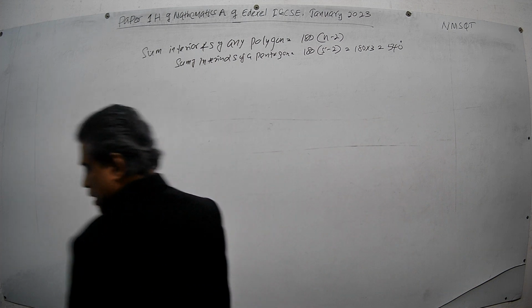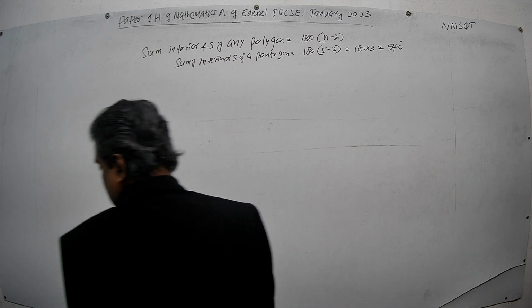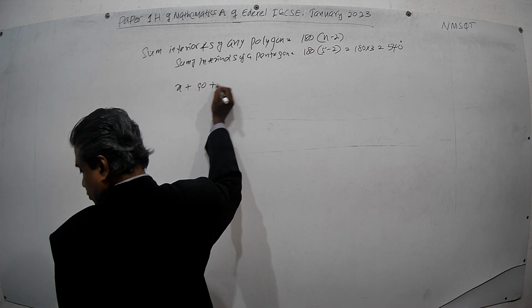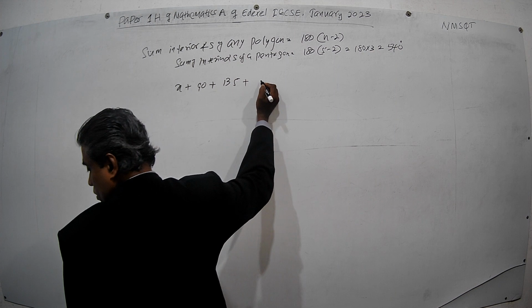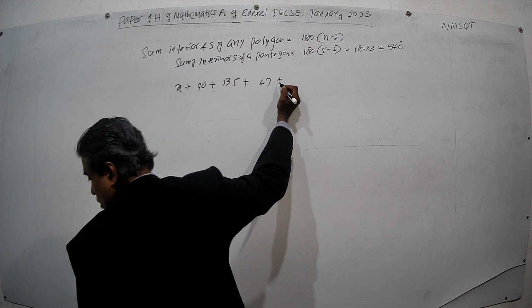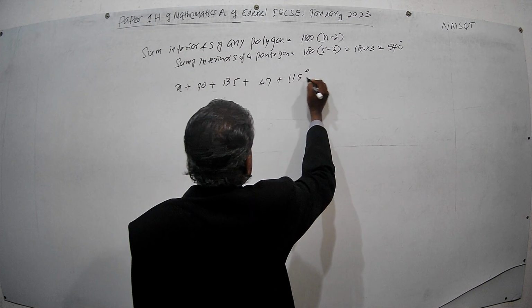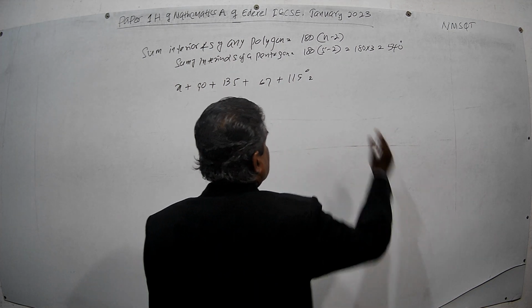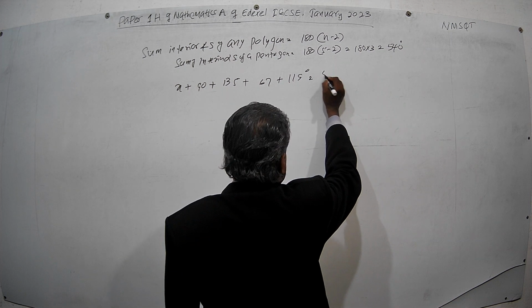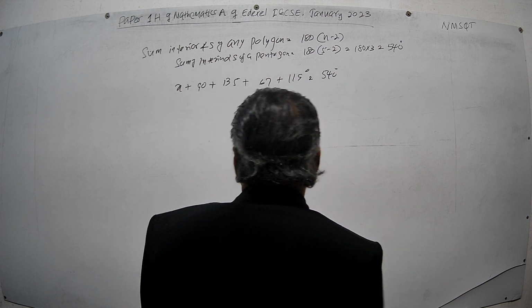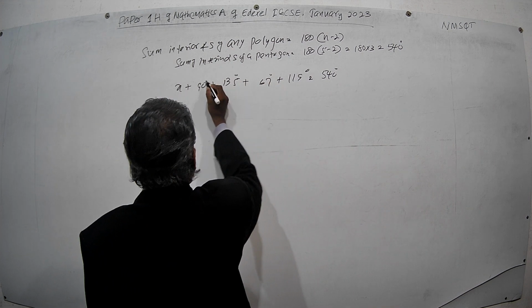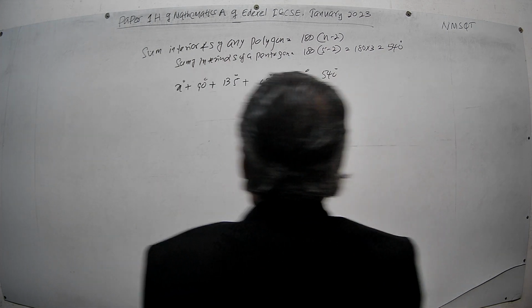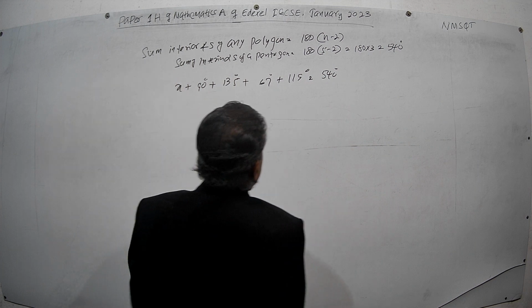Then they have given some angles. Then we can write the equation with these given interior angles. x plus 90 plus 135 plus 67 plus 119 equals the sum of all 5 angles in the pentagon, and it's equal to the sum of interior angles of the pentagon, that is 540. Now we'll find the value of x.